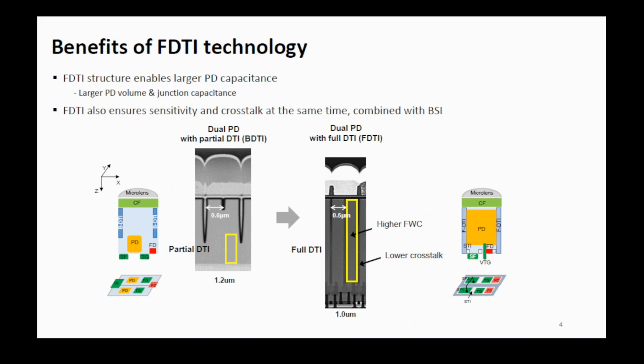The first is that after the innovations which happened in the pixel history, it was already explained in the morning session that, for example, BSI and also DTI were the next innovations in pixel technology history.